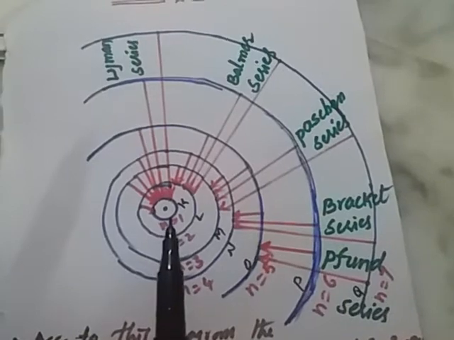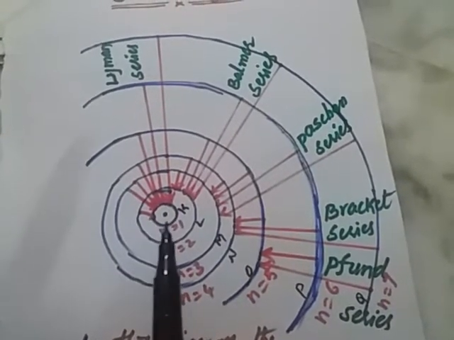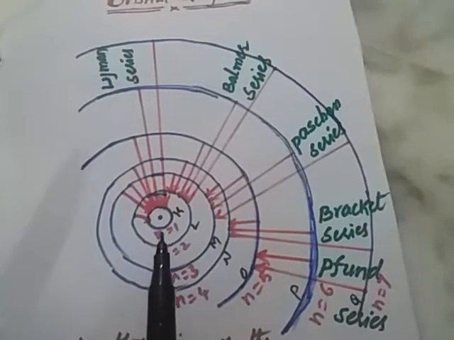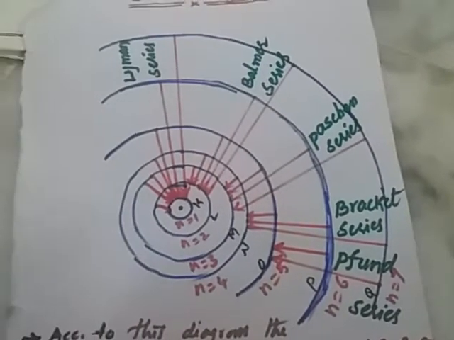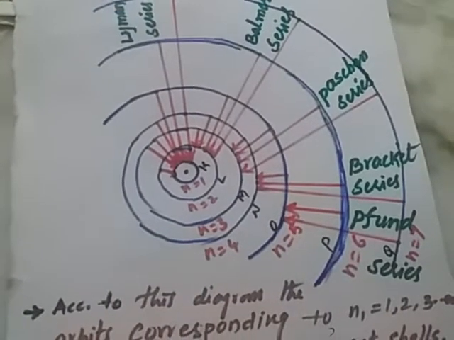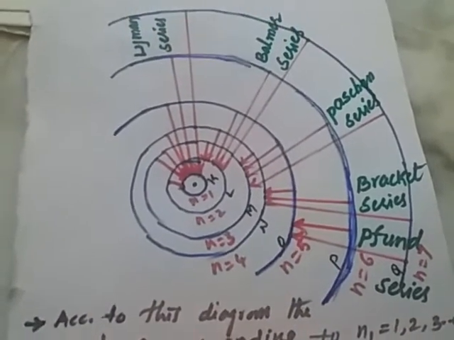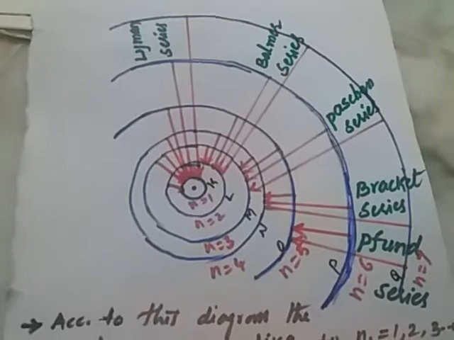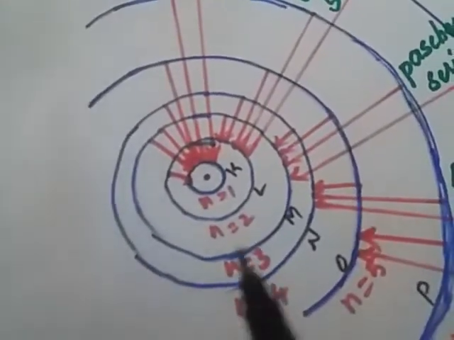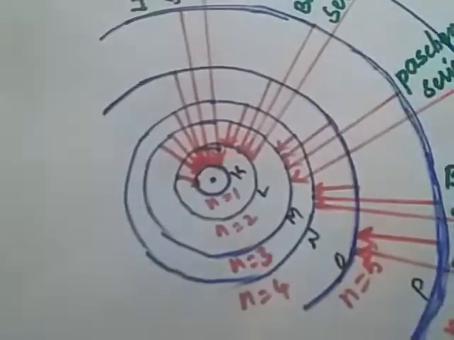When an electron is revolving in the first orbit, it is represented by n equal to 1. If n equal to 1, it is called the first orbit. Then n equal to 2 is called the second orbit.